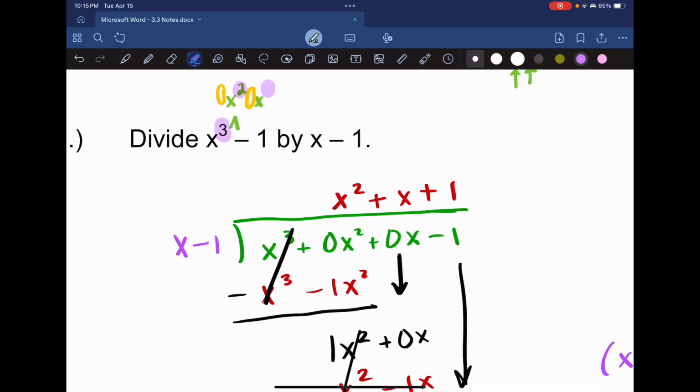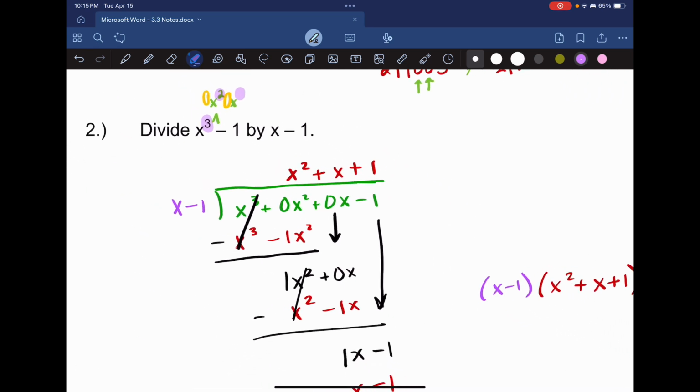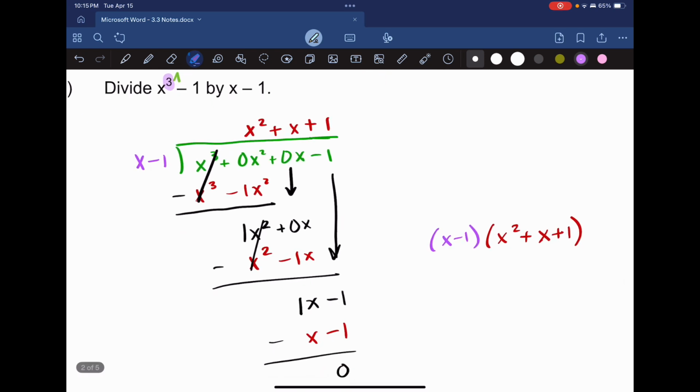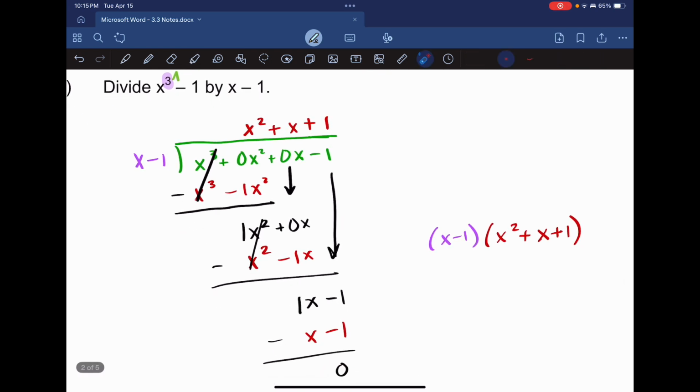All right, so here's this one. So again, if you notice here, I have my placeholders now. So I took my original problem and I expanded it. I'm dividing by this binomial. Well, what do I need to multiply by x to get x cubed? Well, an x squared. So I plug that in up top. I give it to both terms.